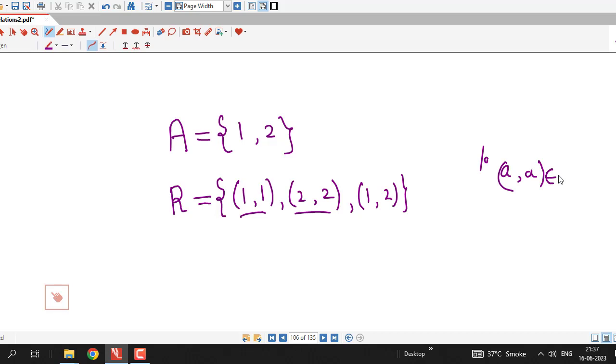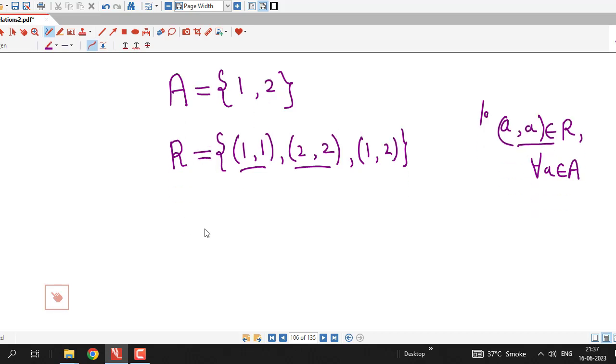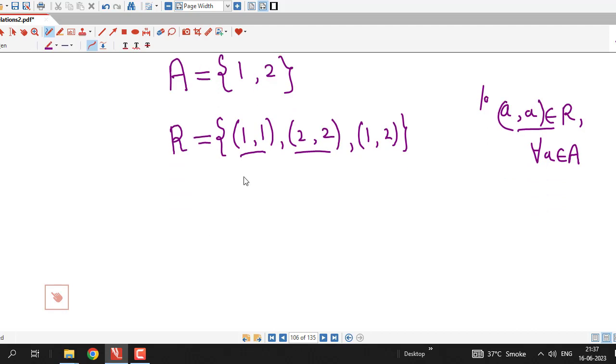For every element in a given set we have this type of element present in our relation.